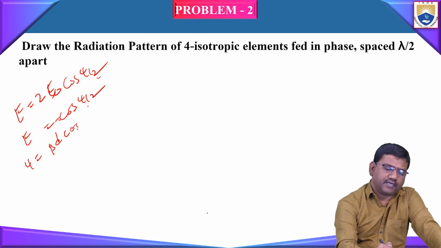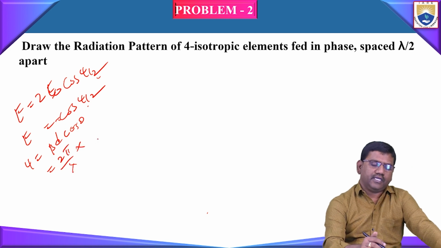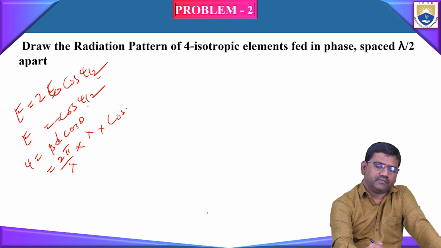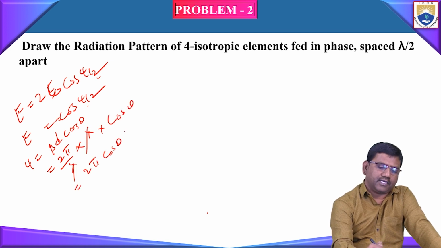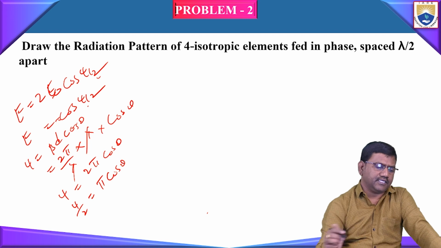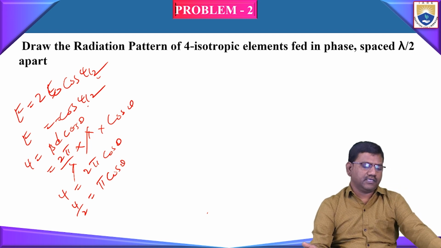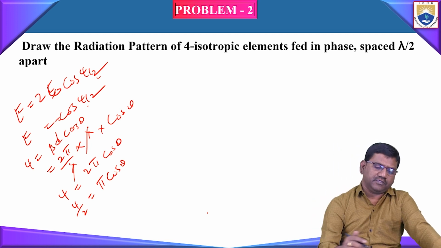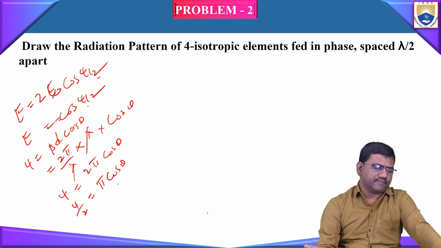Beta d cos theta. Beta means 2 pi by lambda into d, and d is equal to lambda, into cos theta. Lambda gets cancelled, giving 2 pi cos theta. This is psi, and psi by 2 is equal to pi cos theta here.